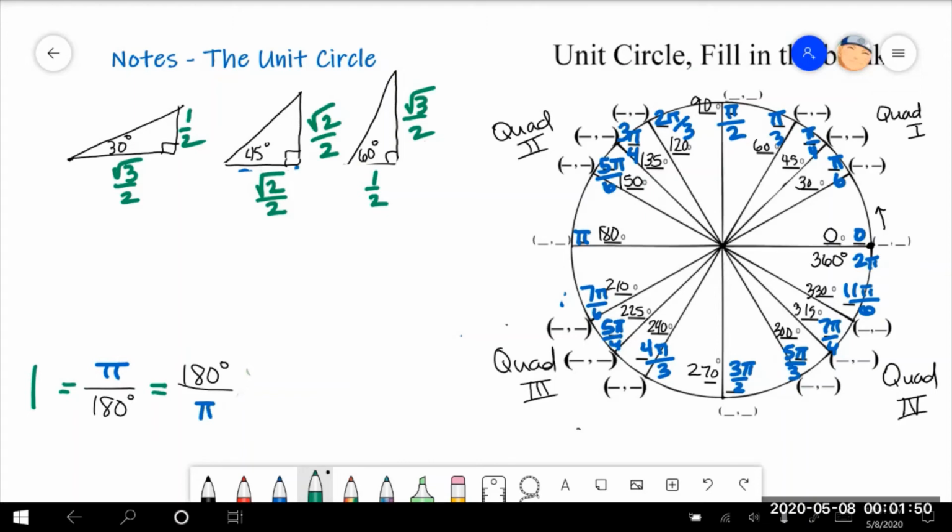And so we can use this information to go ahead and fill in all the points on my unit circle. So imagine that your unit circle is positioned at the point 0, 0. Okay, we're at the origin for the center of our unit circle. And so when we look out to our right, knowing that the unit circle has a radius 1, that means that this point here has to be 1, 0.